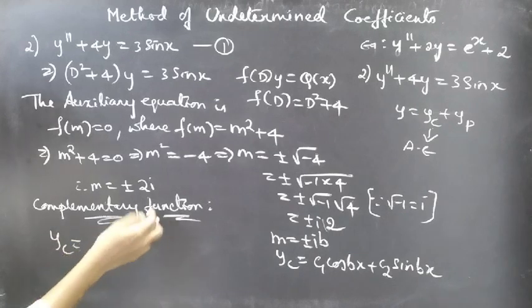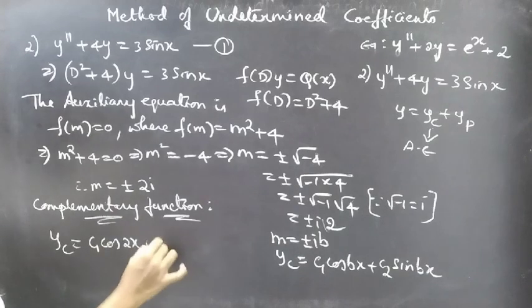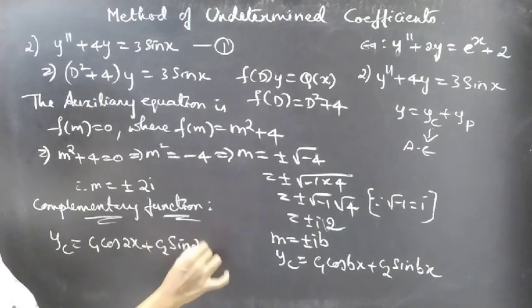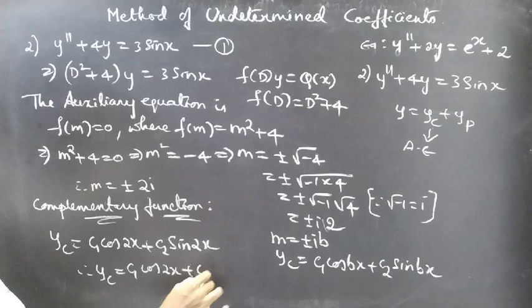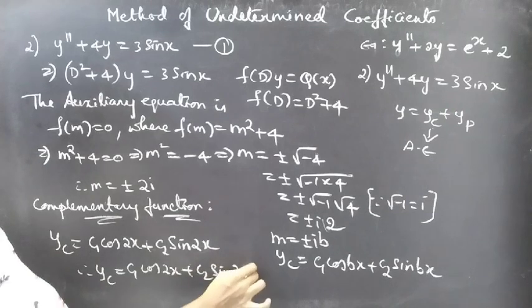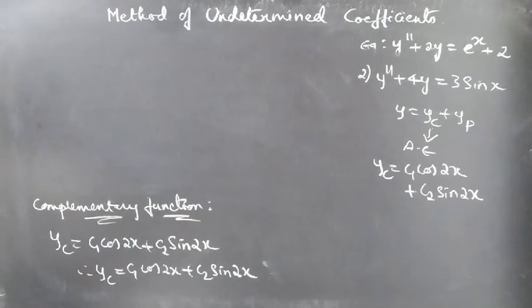Just compare plus or minus 2i with plus or minus ib, then for b equal to 2, you'll get c1 cos 2x plus c2 sin 2x, right? Therefore, yc is equal to c1 cos 2x plus c2 sin 2x. Now we need to find yp. Using yc, we'll write the solution set.